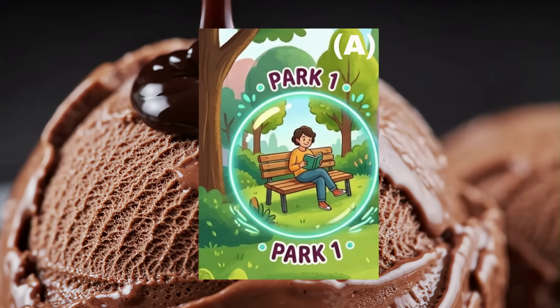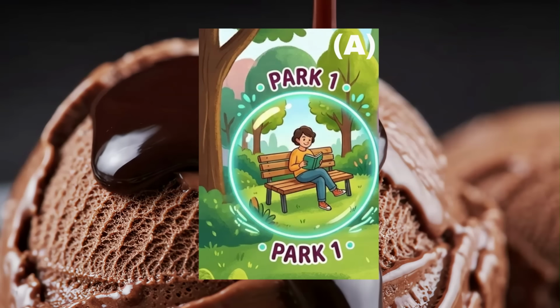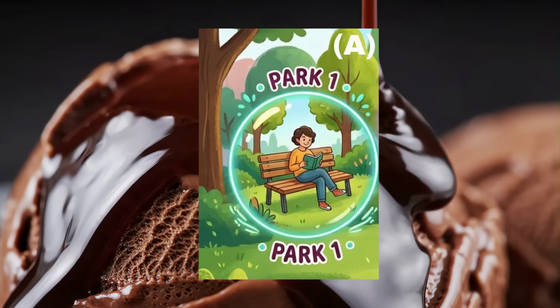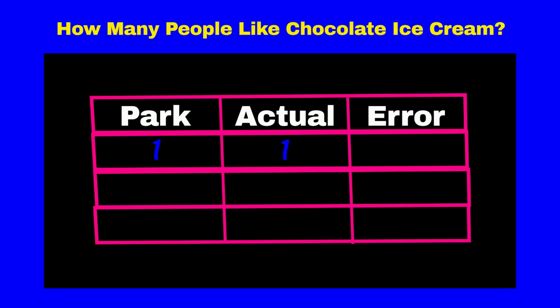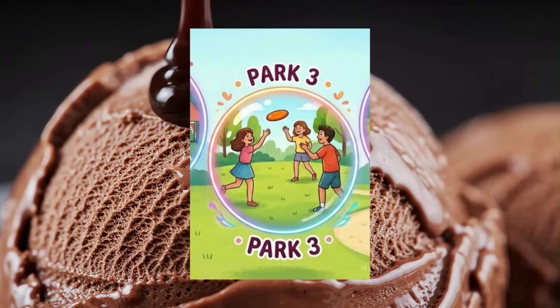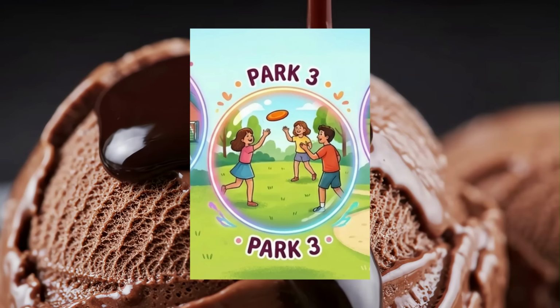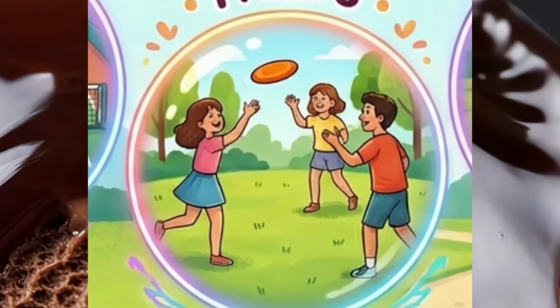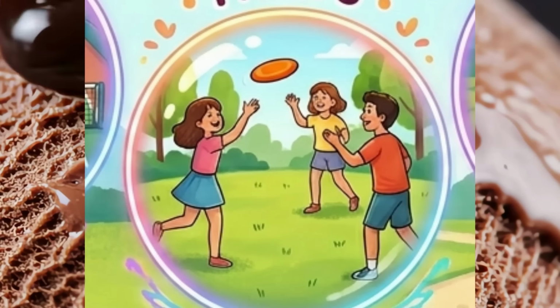Now to get my true data points, I'm going to go to Park A and ask one person, hey, do you like chocolate ice cream? That person said yes. Okay, I write it down. Then I went to the 3rd park and I find 3 people at that park and I ask all 3 of them, do you like chocolate ice cream? They said yes.